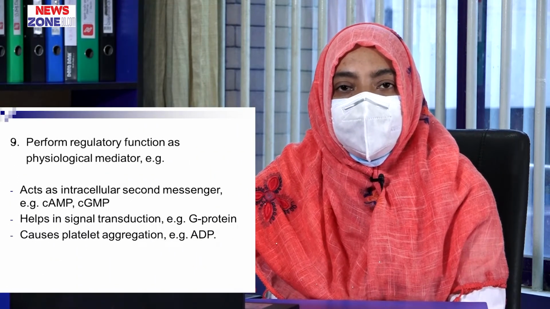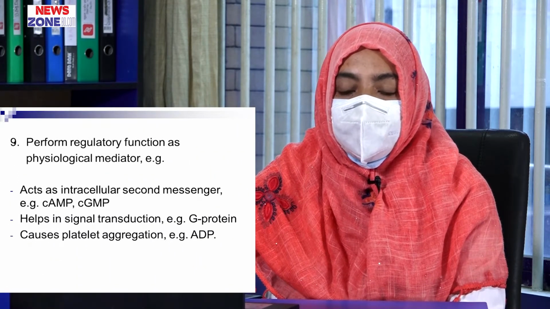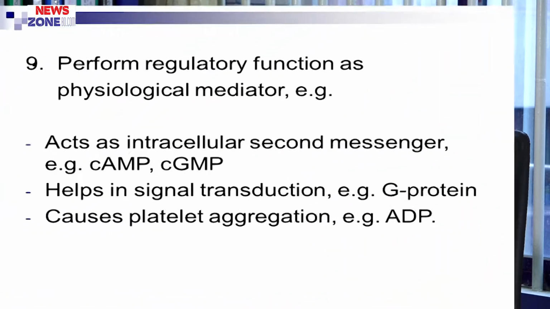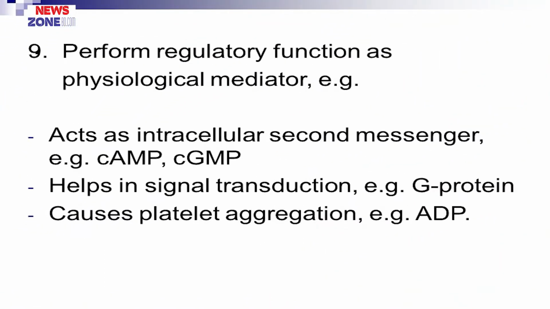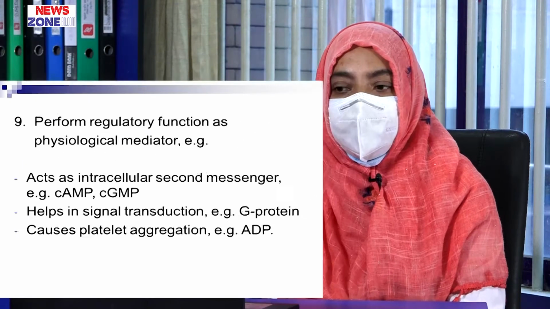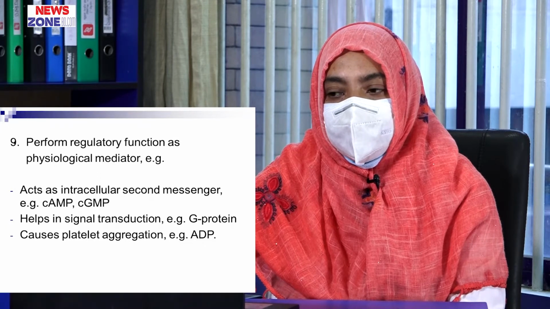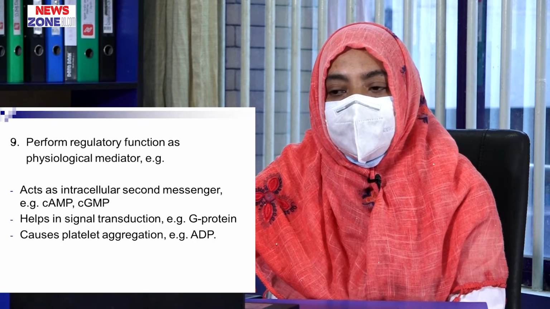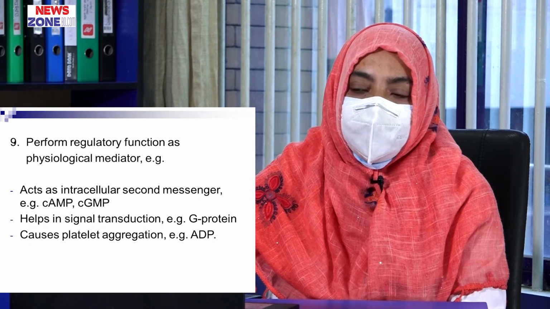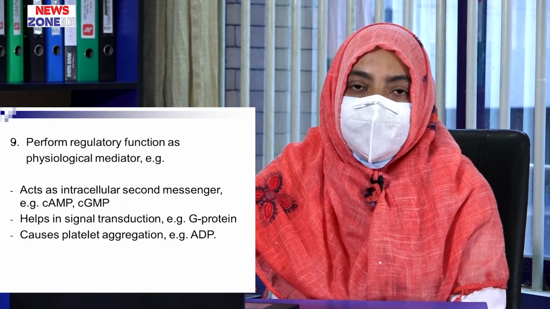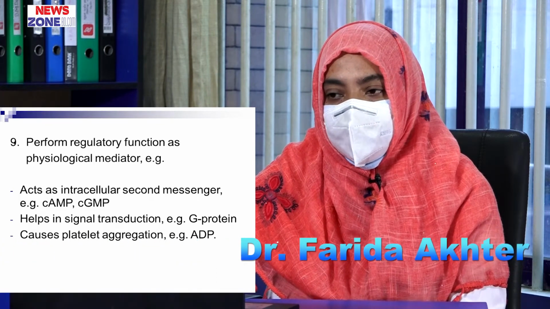The nucleotides also perform some regulatory function as physiological mediators, like they act as intracellular second messengers, example cyclic AMP, cyclic GMP. They help in signal transduction like G protein and cause platelet aggregation, example adenosine diphosphate or ADP.